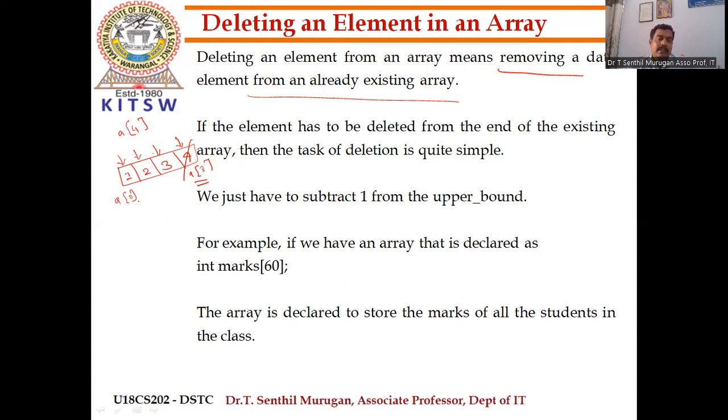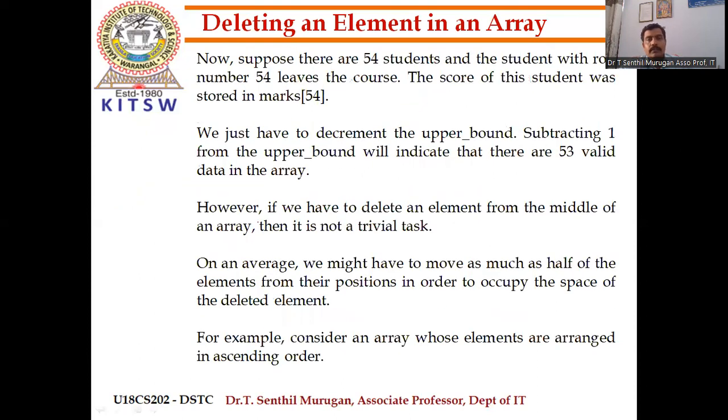It will not affect any other data. That's why they say it's quite simple. Simply we subtract one from the upper bound. If internal marks are stored in marks of 60 and we want to delete the last element, that last element will be removed.